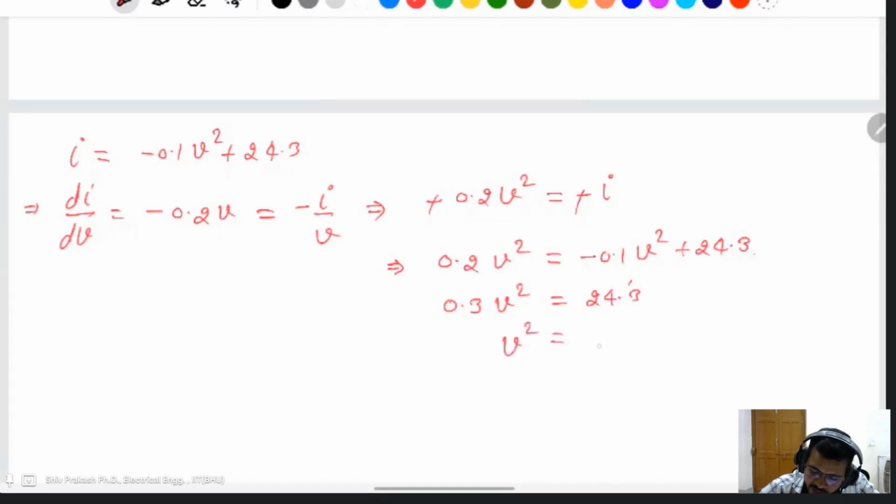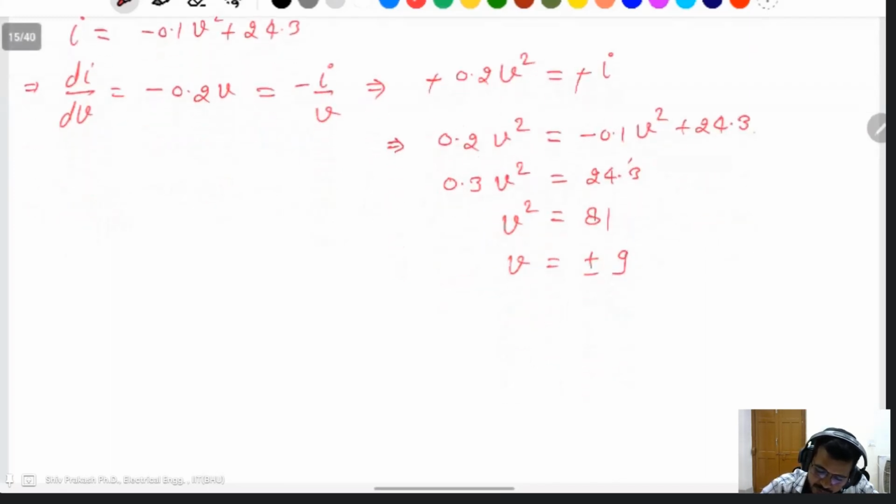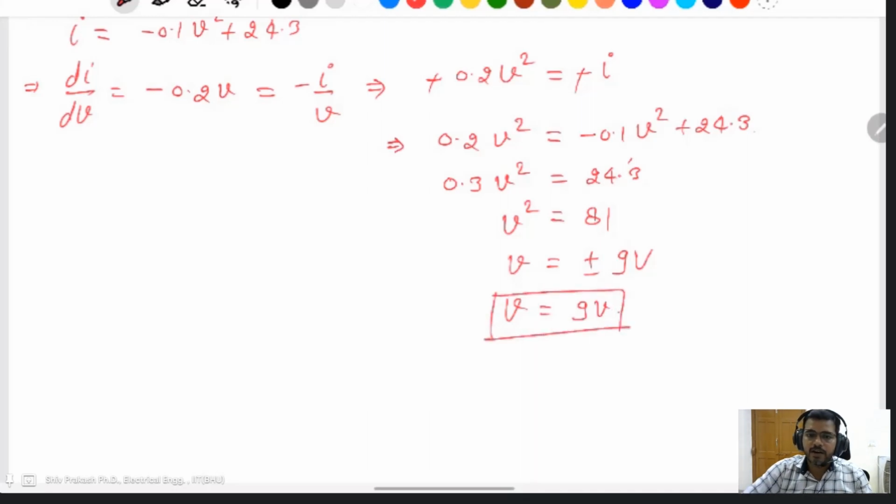V square is 81, then V is equal to plus or minus 9. But the question says it is only a positive value. That's why V is 9 volts only, plus 9, not negative 9 volts.